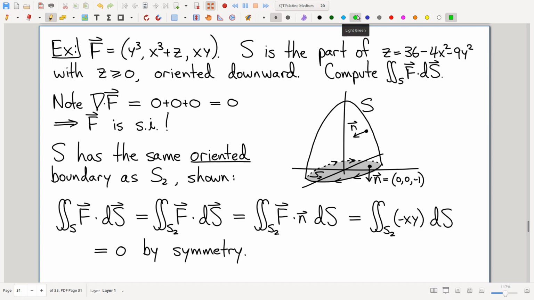Let's just see, just in case, might I be able to use surface independence here?